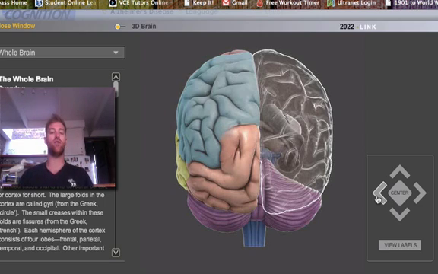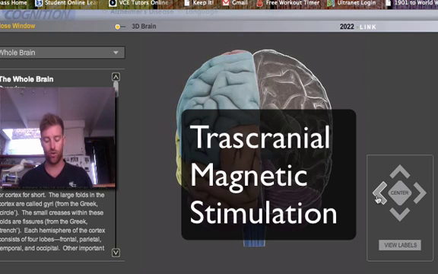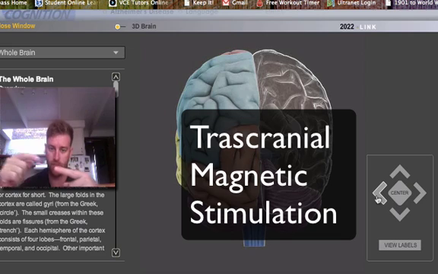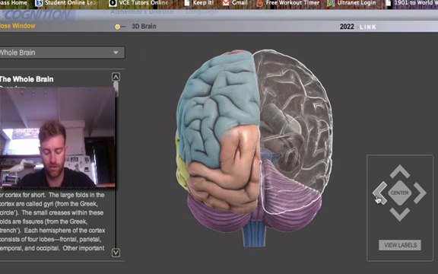The same kind of idea came through some other work called transcranial magnetic stimulation. Your skull is good at protecting you from small falls, but it is pretty good for allowing magnets to move information through it, just like a piece of paper.